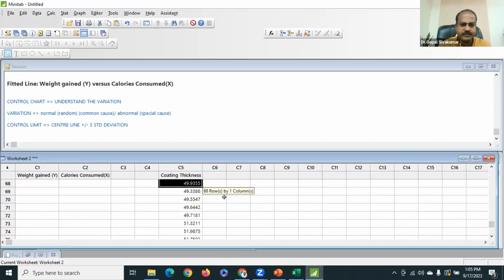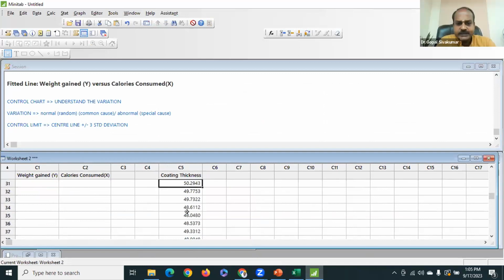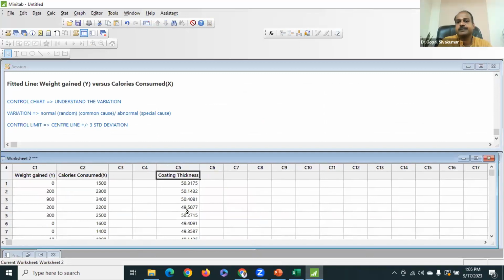How many data do I have? 75. Imagine this data has been collected in subgroups with a subgroup size of 3. So how many subgroups have I taken? 25 subgroups. 25 into 3, 75 data.